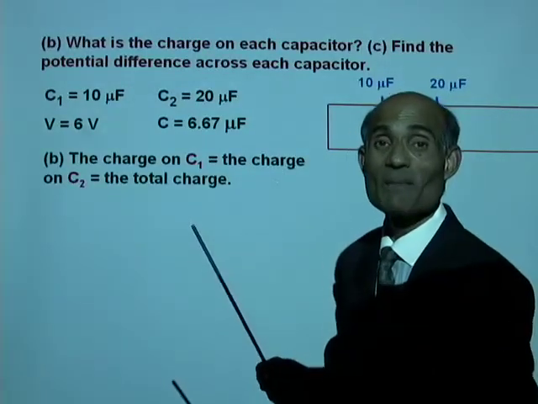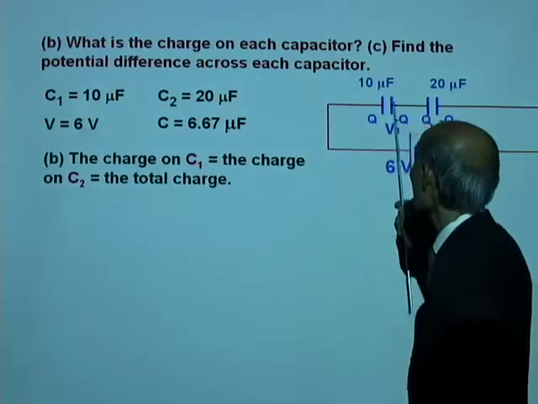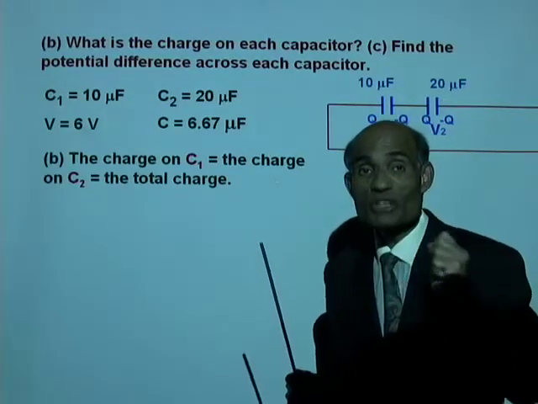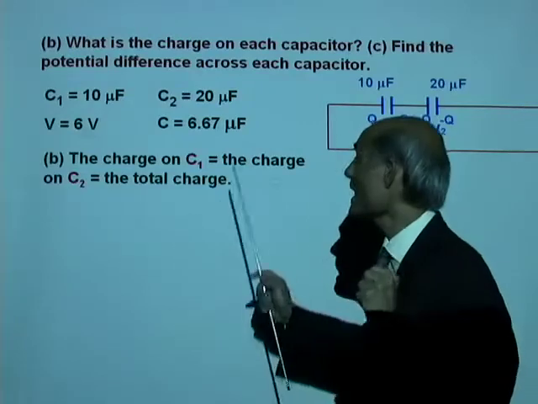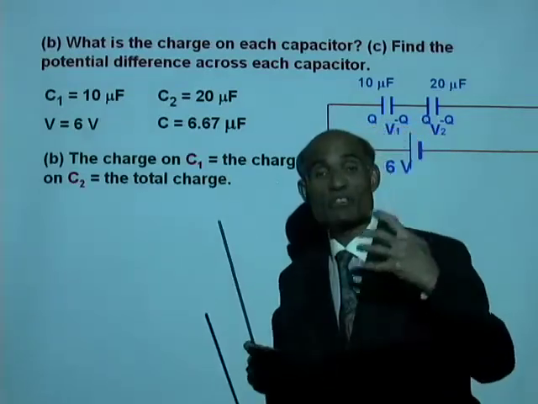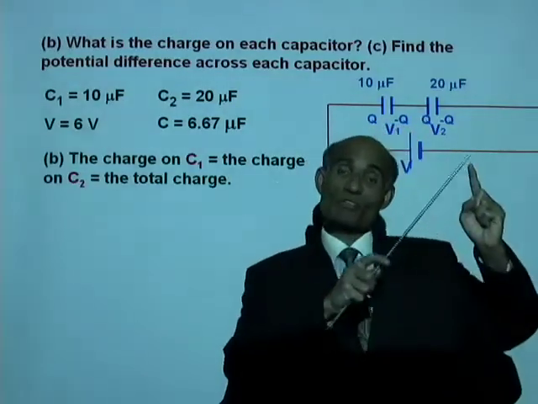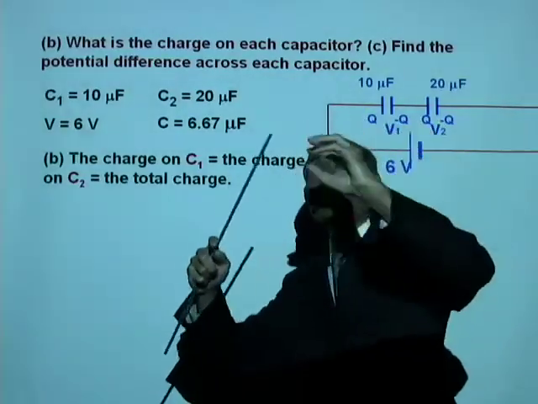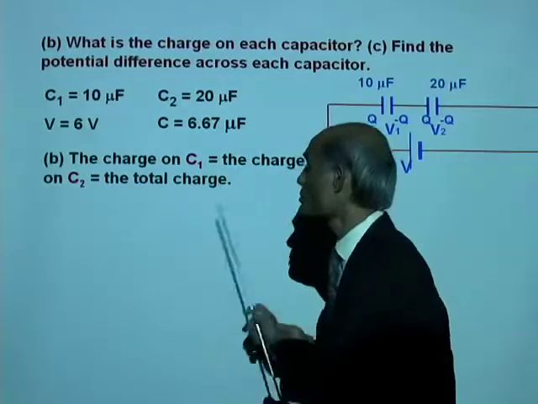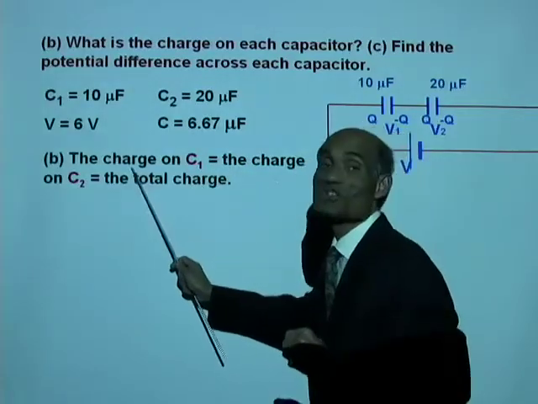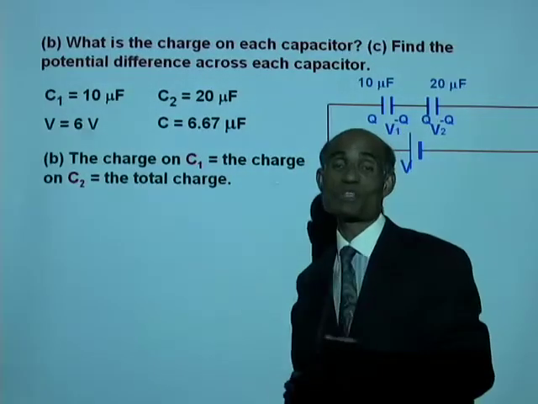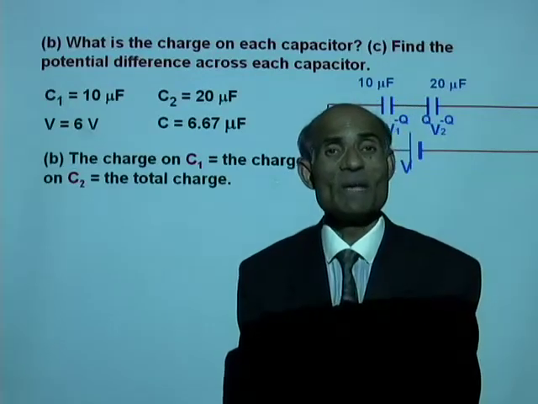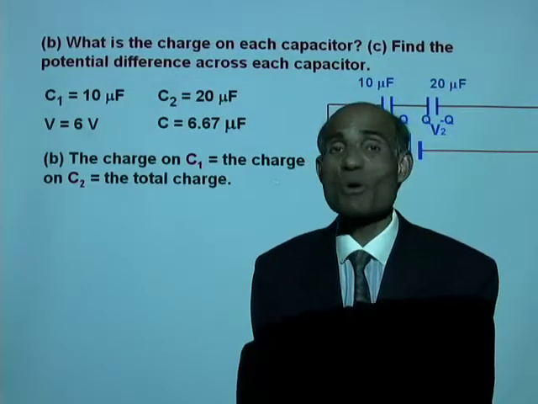You see, when capacitors are connected in series, the total charge in the circuit and the charge on each capacitor will be the same, because it's the same charge that flows from one capacitor to the other. So the total charge will be the same as the charge on C1, will be the same as the charge on C2.